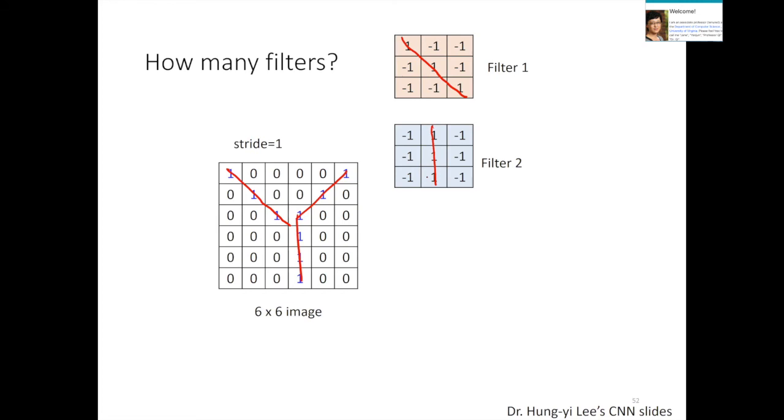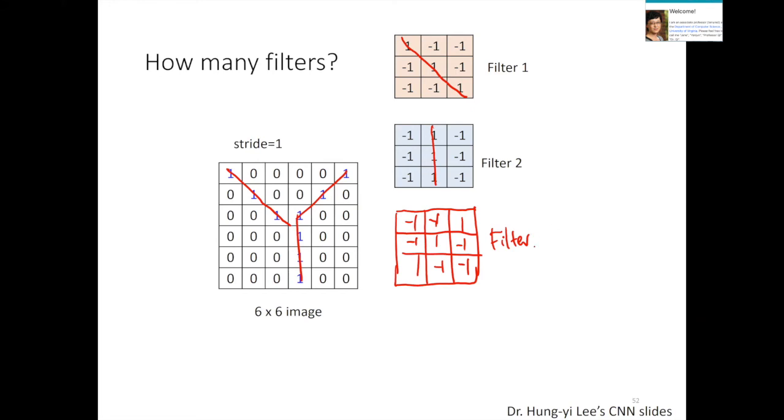So this is really just eyeballing. I can design another filter that captures the stroke from the upper right to the lower left, where everything I like is 1 and everything I do not like is -1, and I can think of this as my filter 3. I think this should be enough, at least for the first layer, to detect my Y, right? So this is filter 3.